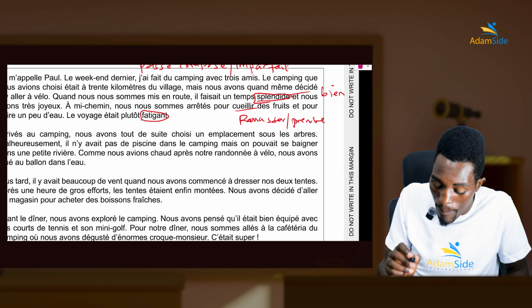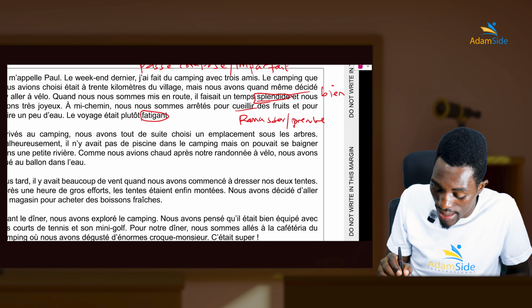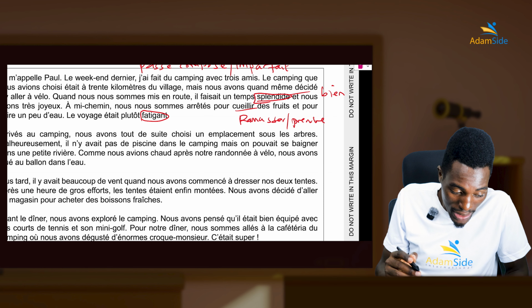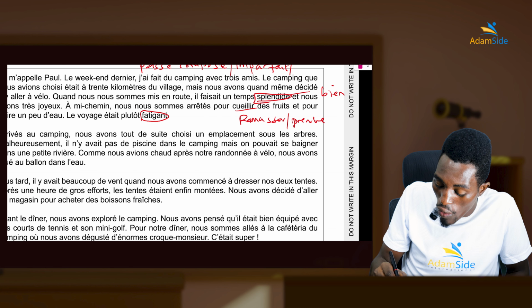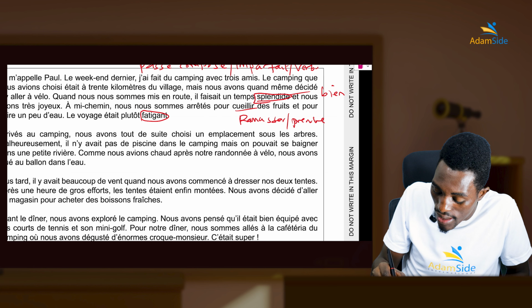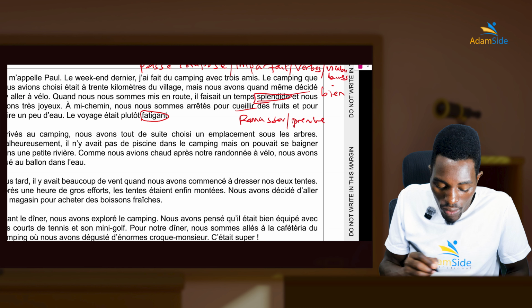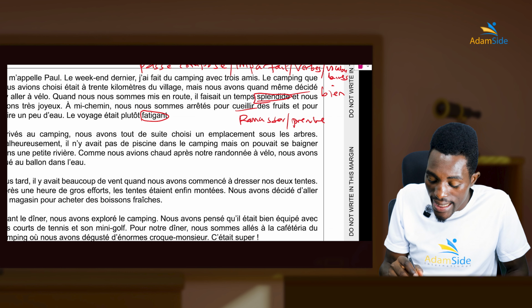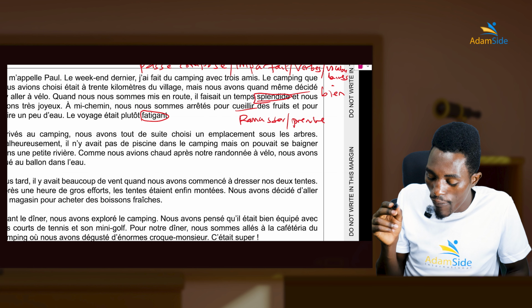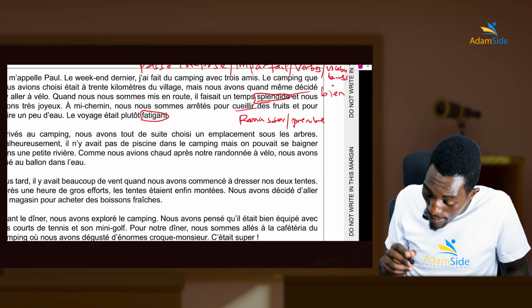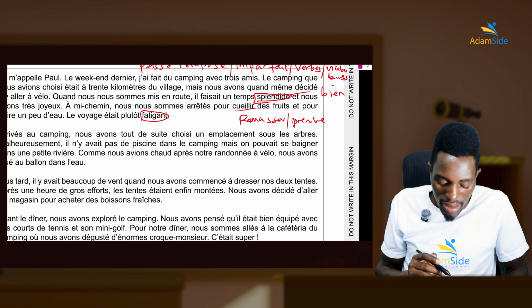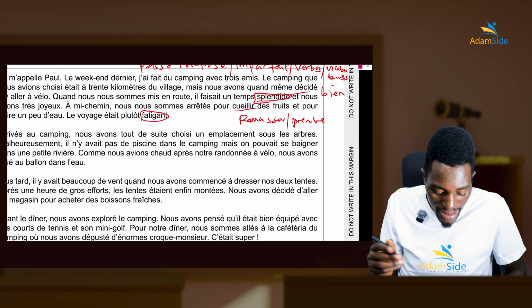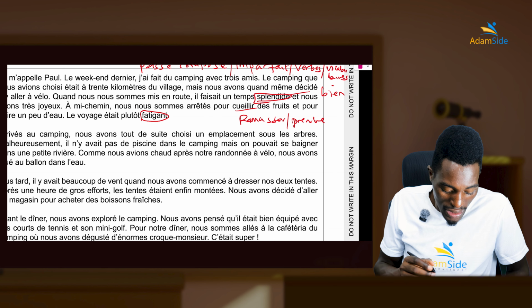Passé composé, past perfect tense. Imparfait, past continuous tense. Also, I have to know French verbs, les verbes, et vocabulaire, comme toujours. So this question number 3 tests tenses, verbs, and vocabularies.